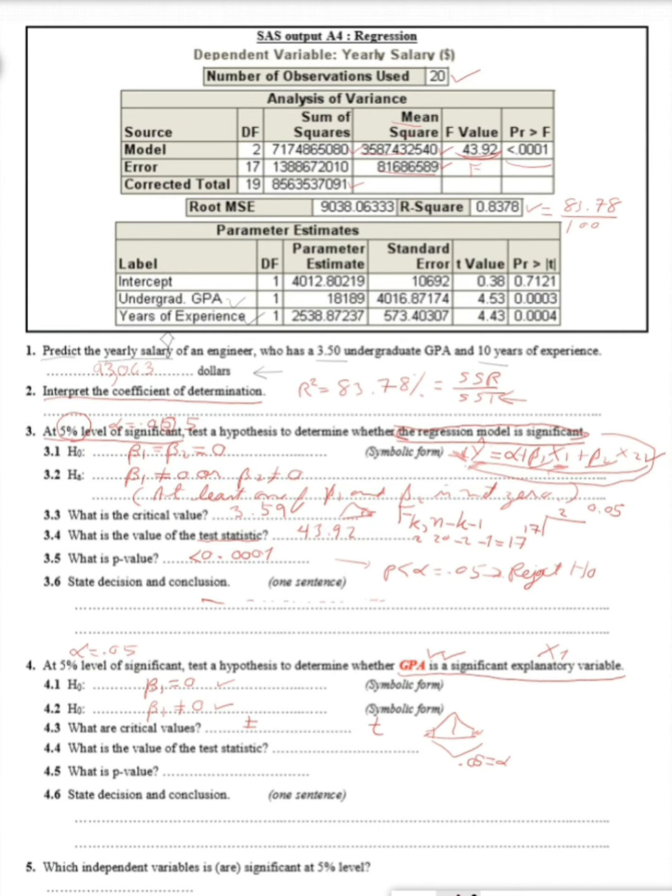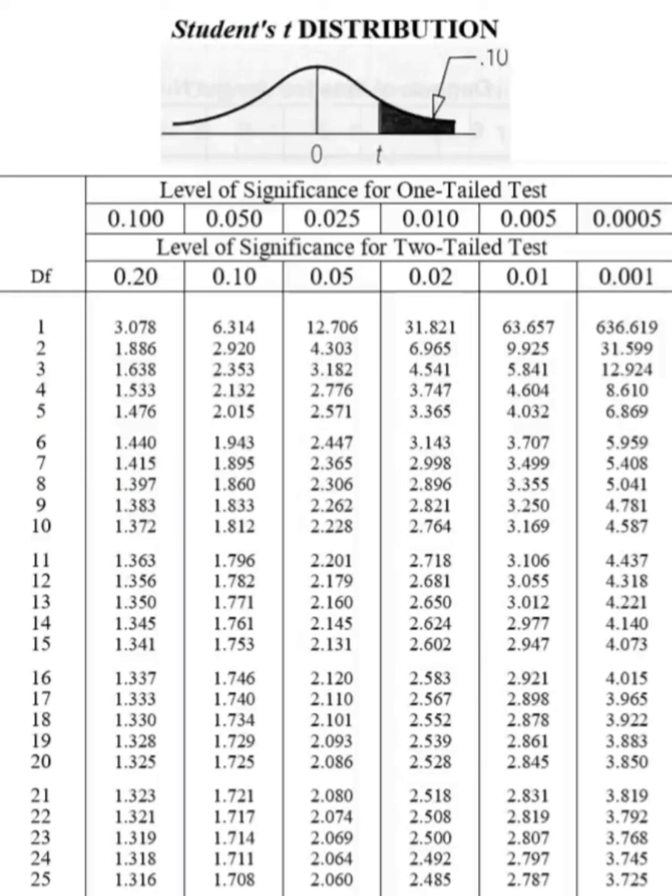In reading the t table, degrees of freedom is n minus number of variables, k x's, 1 y. In this case, n is 20, k is 2, therefore 17. Now, our two-tailed test, alpha 0.05, is column number 3, degrees of freedom row number 17.